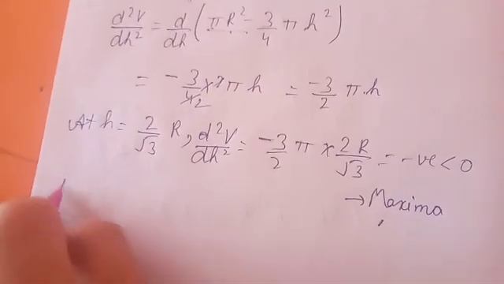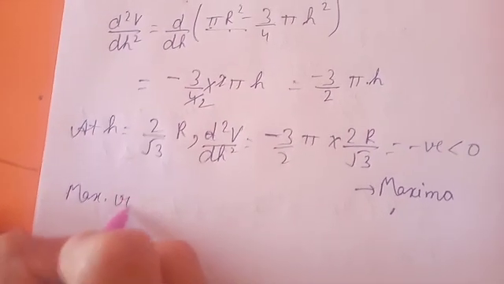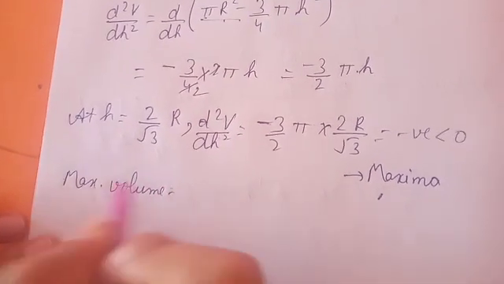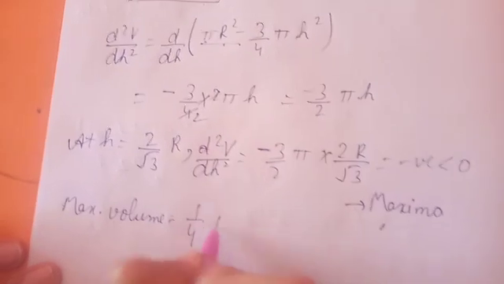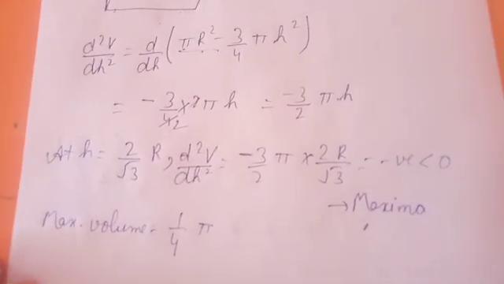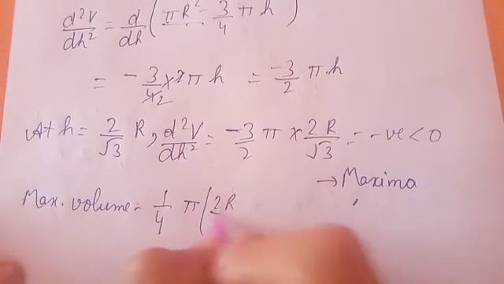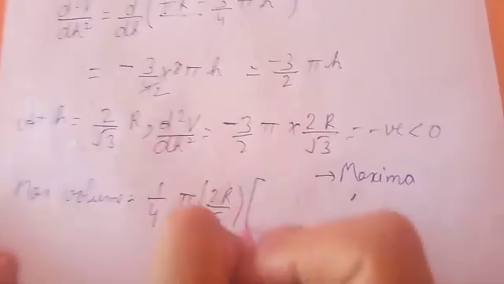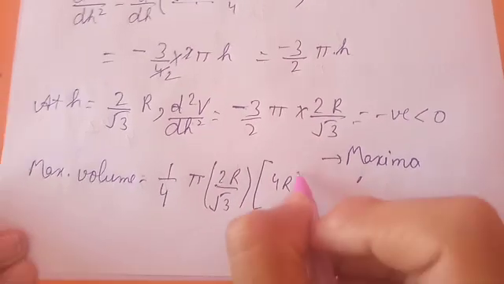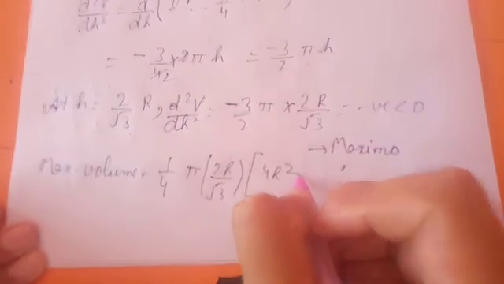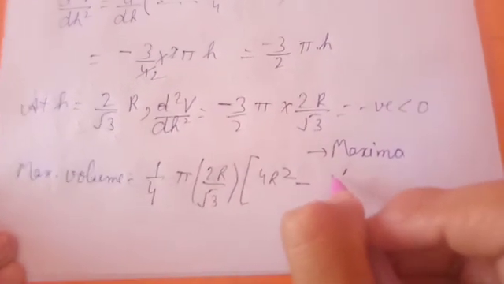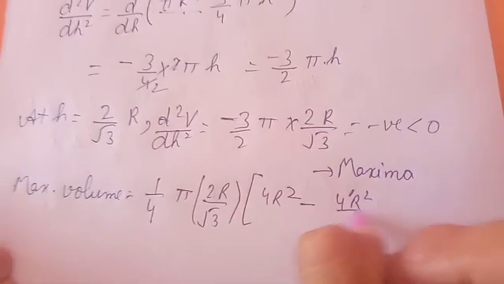Now we also have to find our maximum volume. So the maximum volume will be 1 by 4 pi. Here we will put the value of h, h is 2R by root 3, into 4R square minus 4R square by 3.